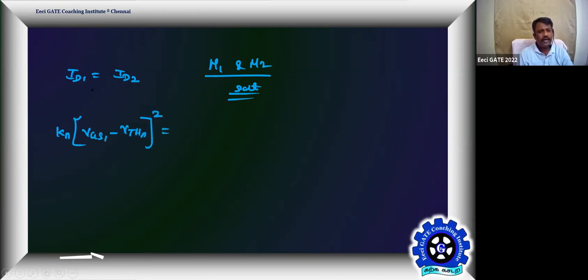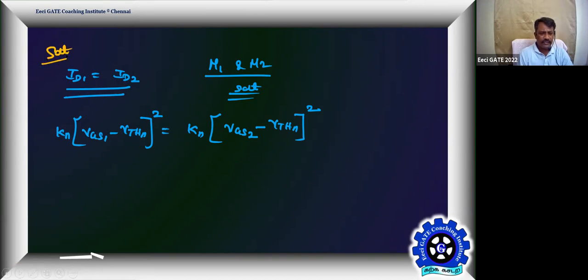With identical NMOS transistors they will have identical Kn, but the potential is different: VGS2 minus V threshold of NMOS, the whole square. Since ID1 equals ID2, the condition forced by the circuit, Kn will get cancelled.